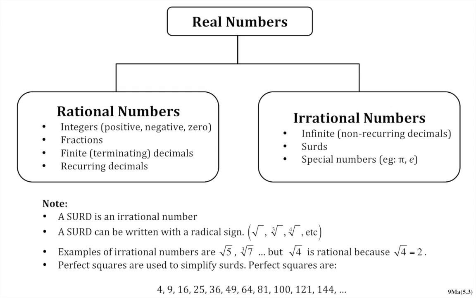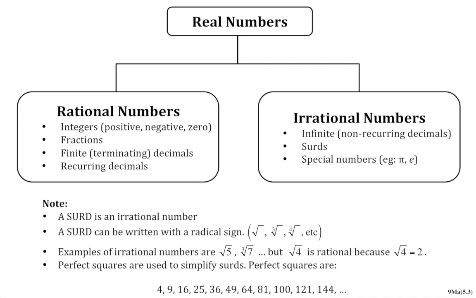Now, we're going to introduce surds, but before we introduce surds, we need to understand something. We have numbers that we use every day, and they're called real numbers. But real numbers are broken into two parts: numbers that can be written as a fraction and numbers that cannot be written as a fraction. They're called rational and irrational. So, what you need to understand is a surd is a type of irrational number.